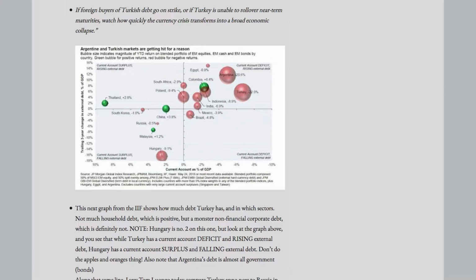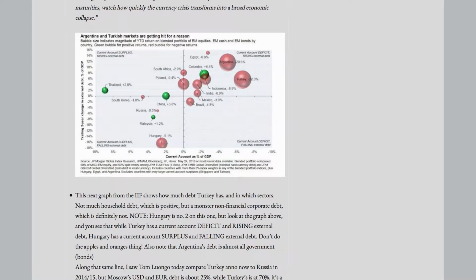This next graph from the IIF shows how much debt Turkey has and in which sectors. Not much household debt, which is positive, but a monster non-financial corporate debt, which is definitely not.